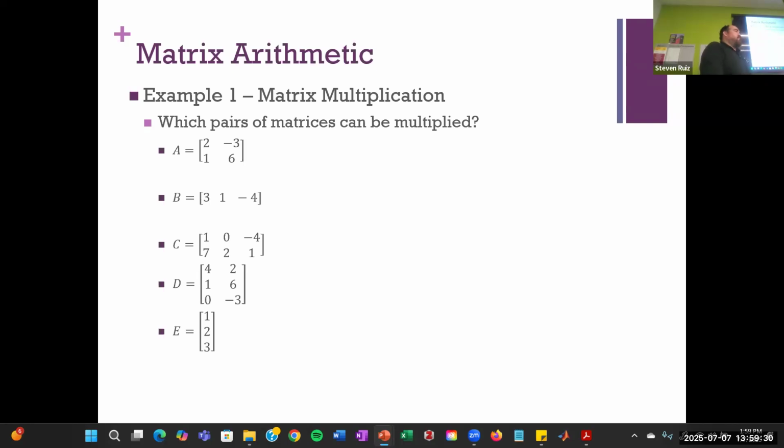Okay, they're not the same order, right? Go ahead. C by D. What's the order of C? 2 by 3. What's the order of D? 3 by 2. Are those the same? Clearly not.